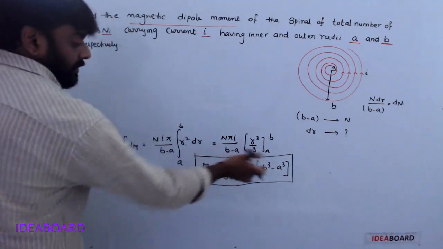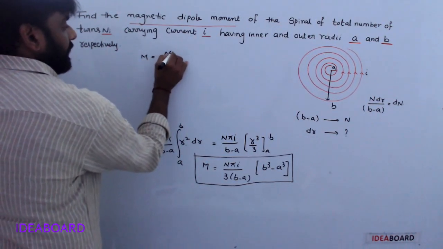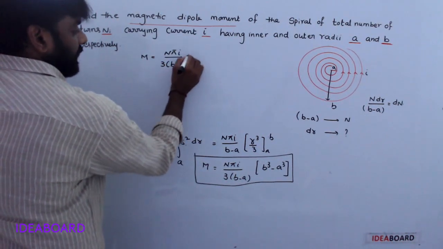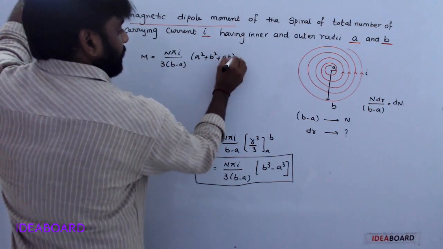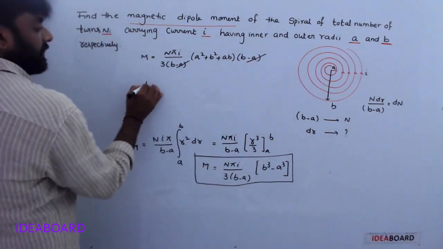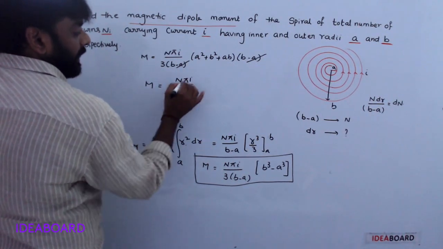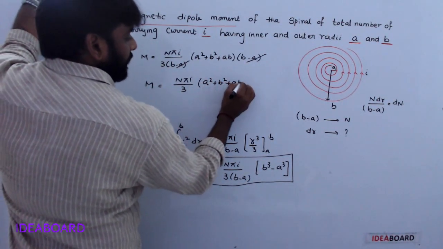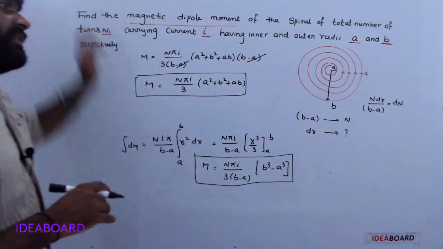Now M is equal to N pi I by 3 into B minus A, and B cube minus A cube is written as B minus A into A square plus B square plus AB. B minus A cancels. Magnetic moment is equal to N pi I by 3 into A square plus B square plus AB. It is the dipole moment due to this spiral.